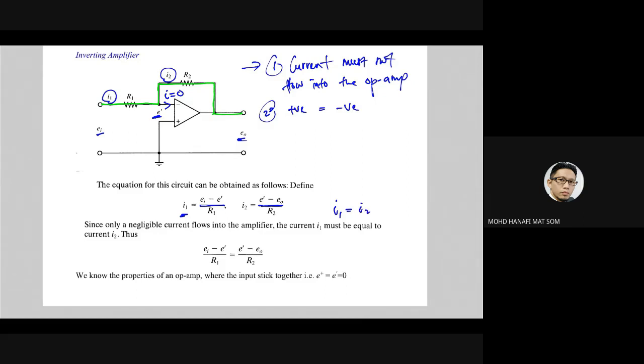It is the same current. So we can put these terms together: EI minus E prime over R1 equals E prime minus E naught over R2.